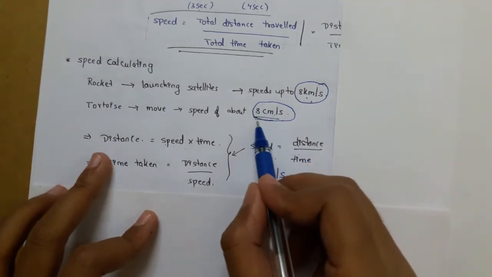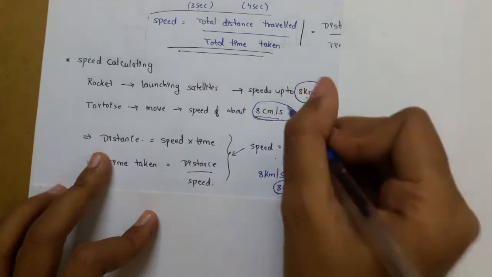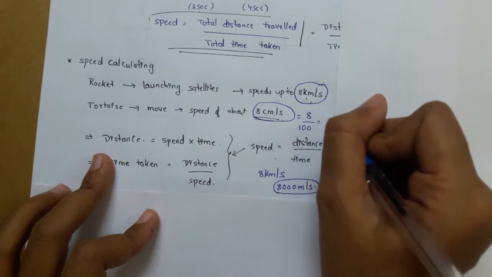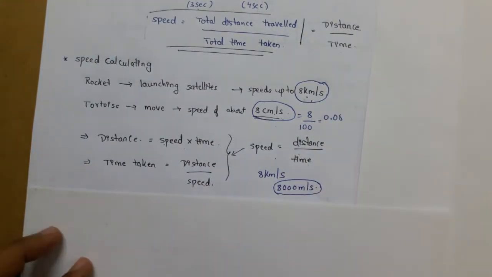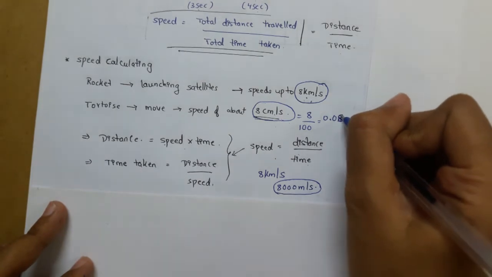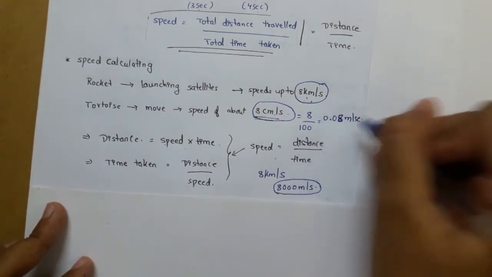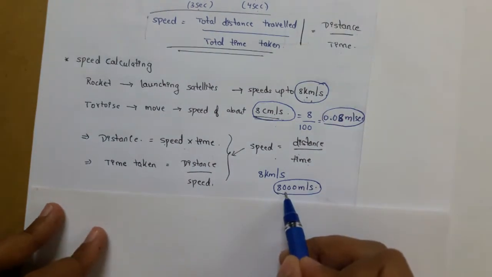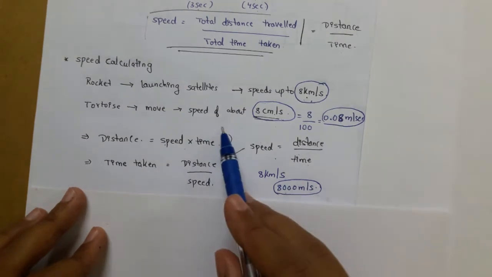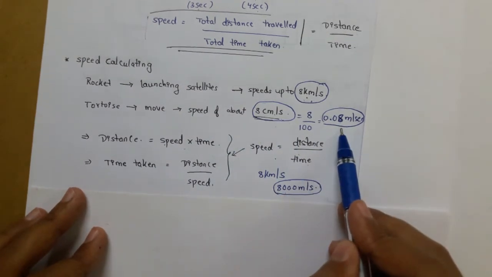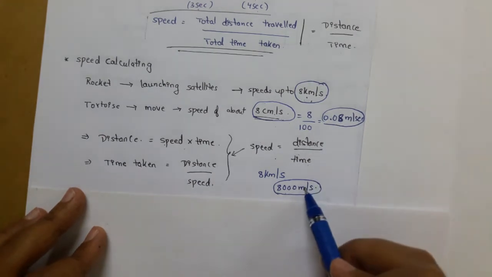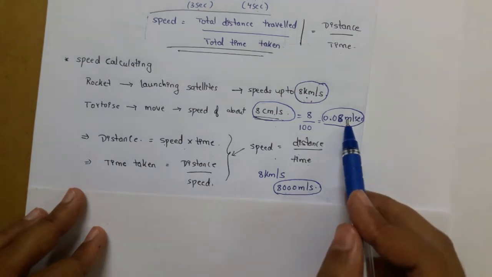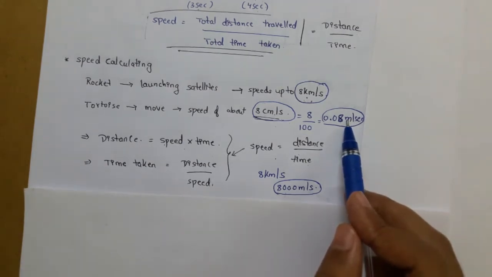Similarly, if we convert 8 centimeter per second into meter per second, that will be 8 divided by 100, that will be equal to 0.08 meter per second. So you can see the large difference here. This is 8000 meter per second, whereas the tortoise speed is 0.08 meter per second. This is the highest speed of the rocket in meter per second, and this is the speed of the tortoise in meter per second.